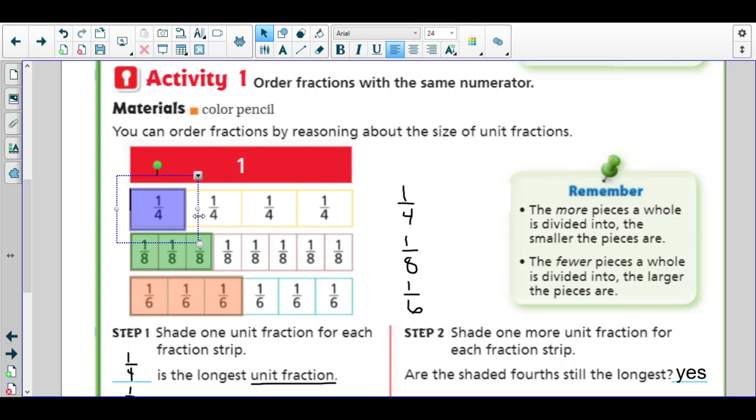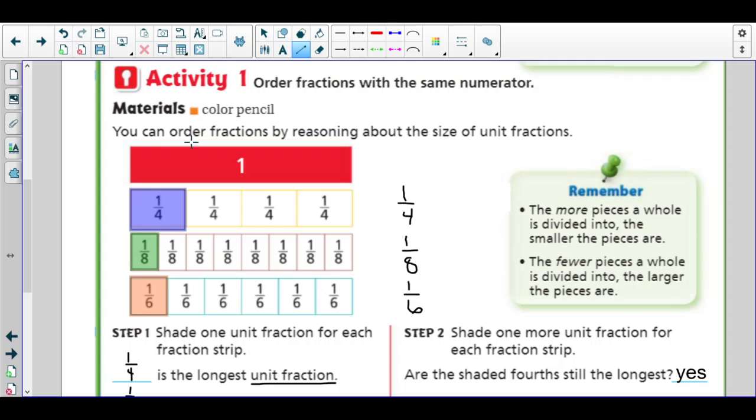Okay. Here we've got 1/4. Here's 1/8. And here is 1/6. Okay, so which one is the longer one? Which one is further out? Well, it's 1/4. All right, if I draw a line, kind of comparing them. Which one is out there the furthest?